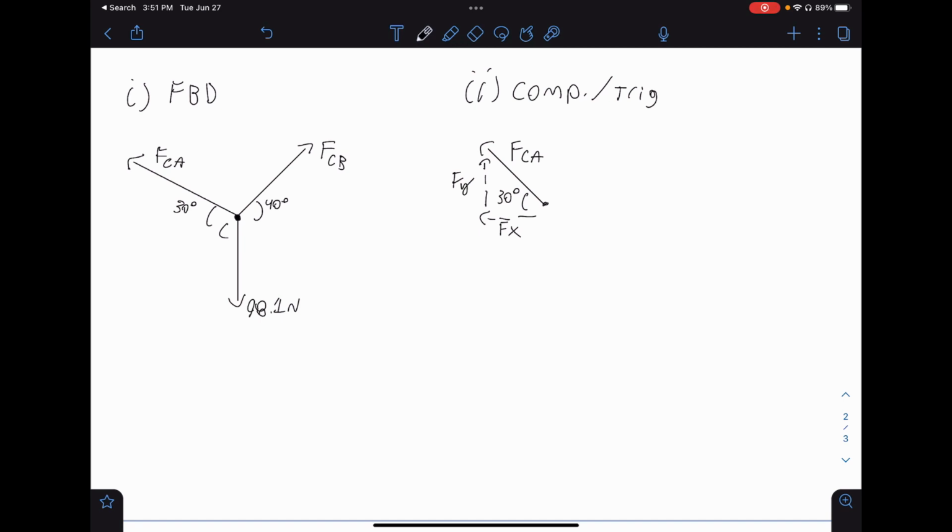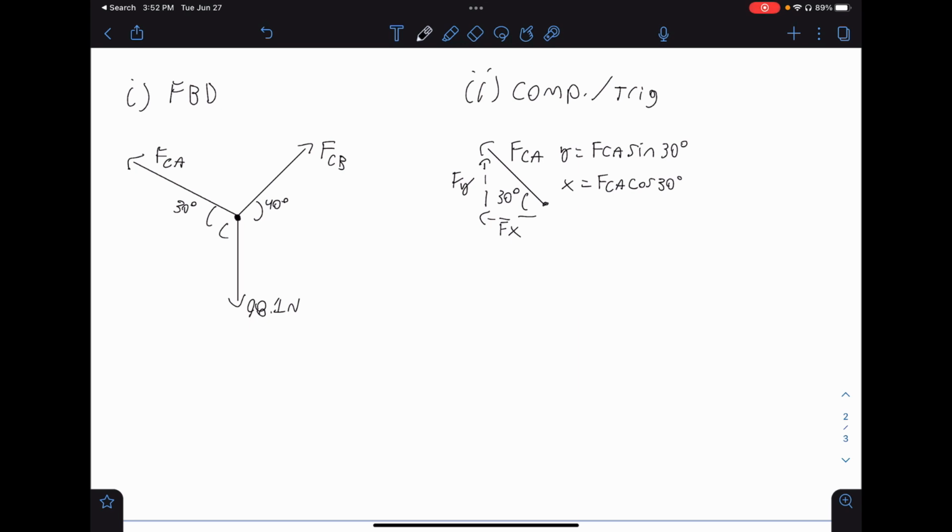So the components for FCA are, we have the y component here, which is FCA sine of 30 degrees, and then our x component, which is FCA cos of 30 degrees. If you're stuck on the trig, please go watch my trig review video. It's very quick and it'll get you up to speed.